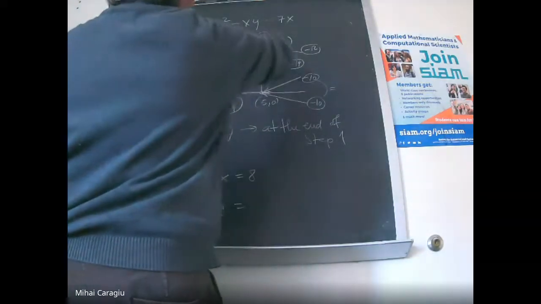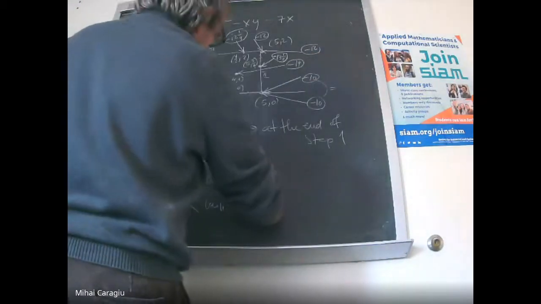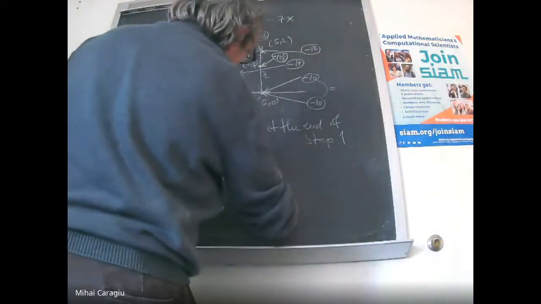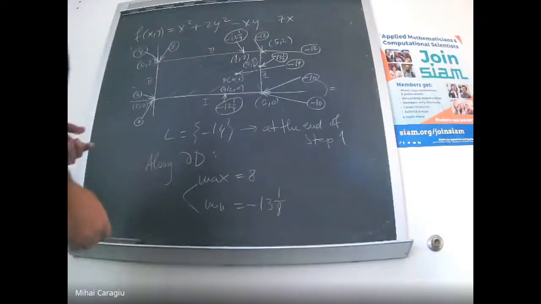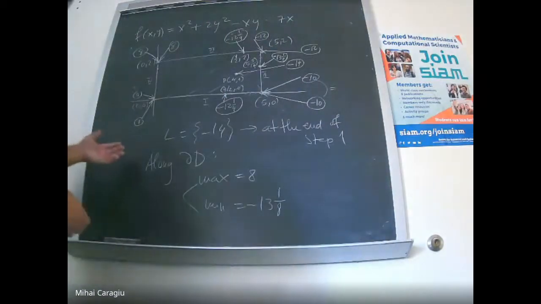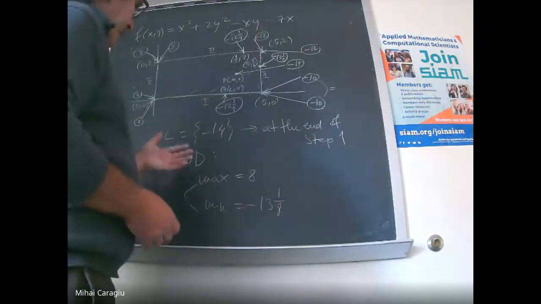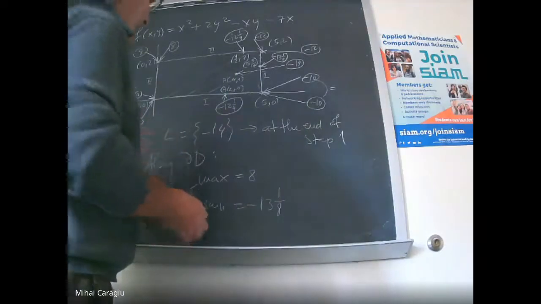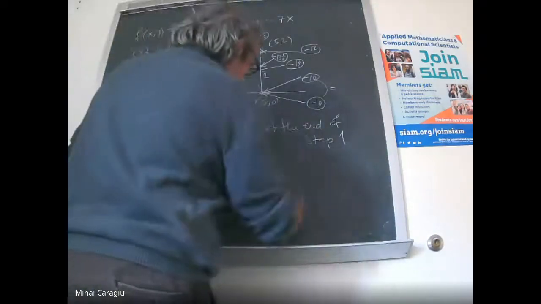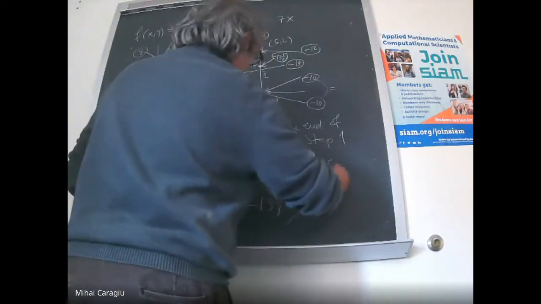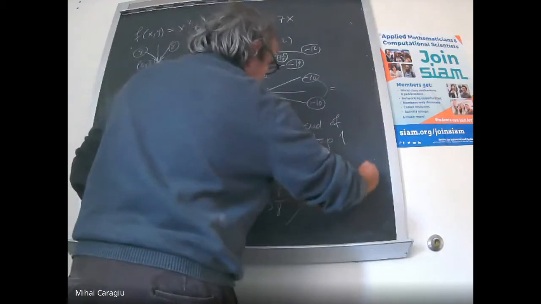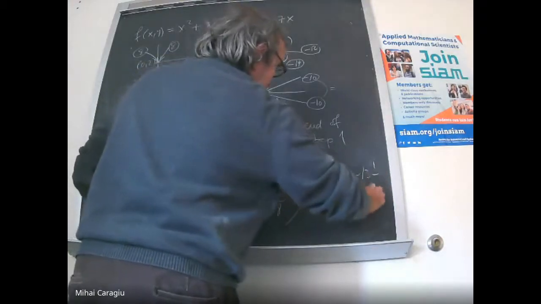Let's check it here. Minus 13 and 1/8. So we will update this list L by obtaining the maximum and minimum values along the boundary. So L becomes now minus 14, minus 13 and 1/8, and 8.